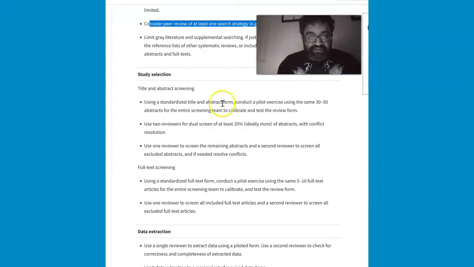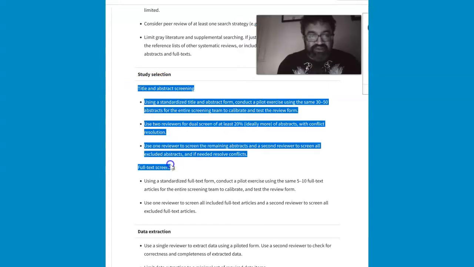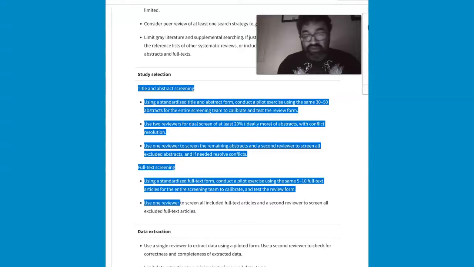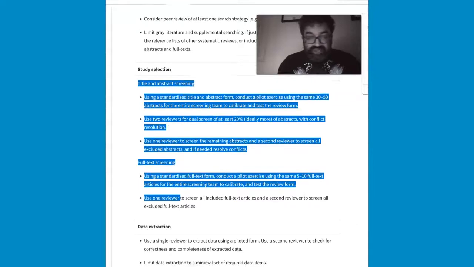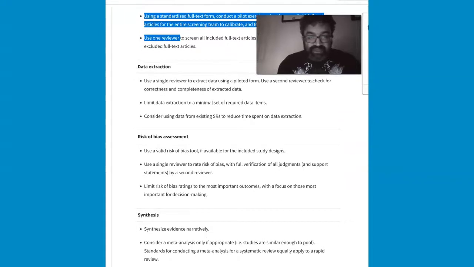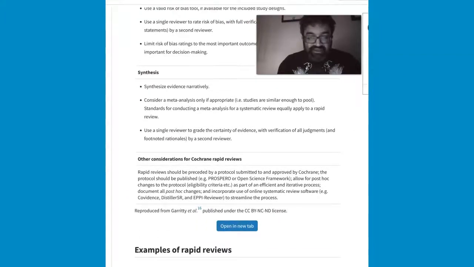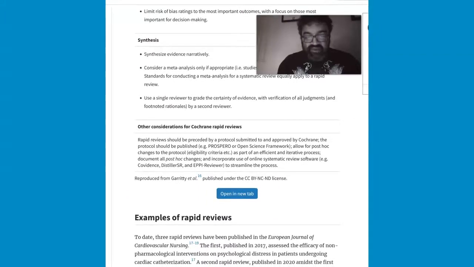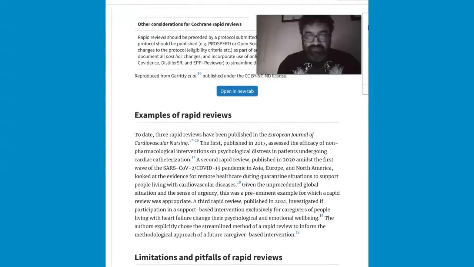And then study selection. Title and abstract screening. How are you going to screen? How many reviewers are going to screen through the abstracts? And then data extraction. Risk of bias assessment. Synthesis. And then other considerations for rapid reviews.